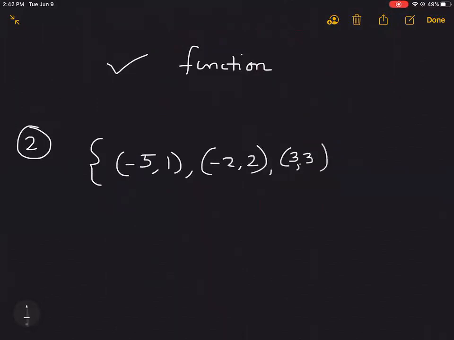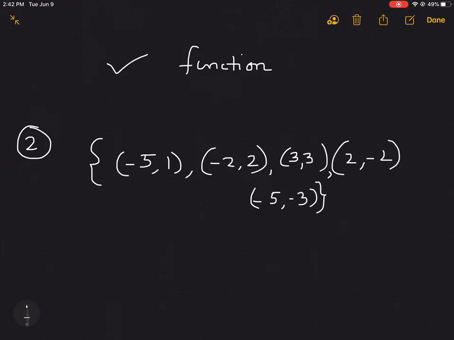So 3, 3, that's not a decimal point though. That's 3, 3, 2, -2, and -5, -3.